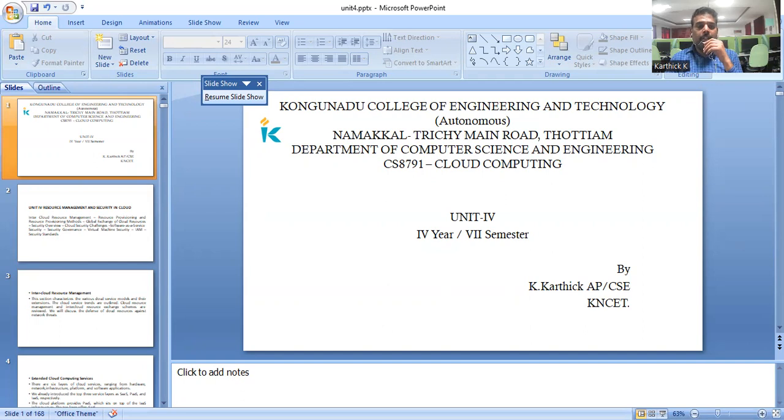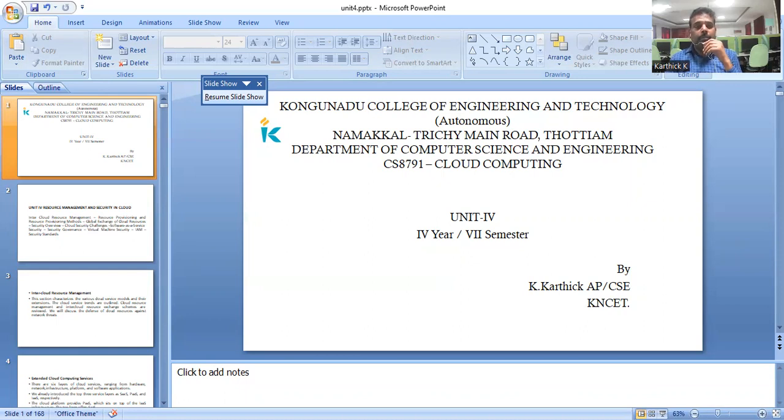Imagine that at a particular time, we cannot imagine how many of you are accessing Google worldwide. So how are all these resources managed globally? That is the important feature, or important issue, in cloud computing.